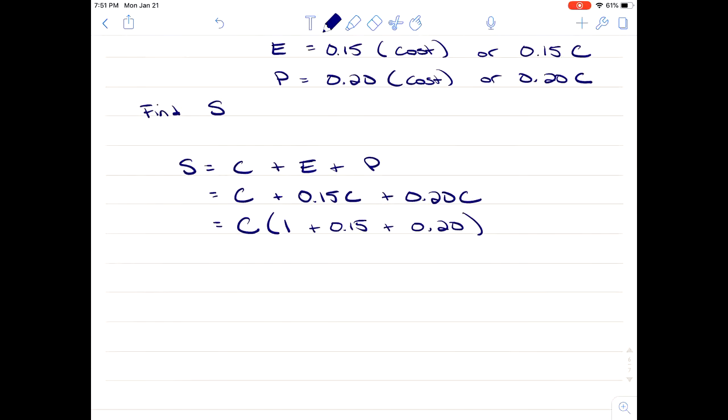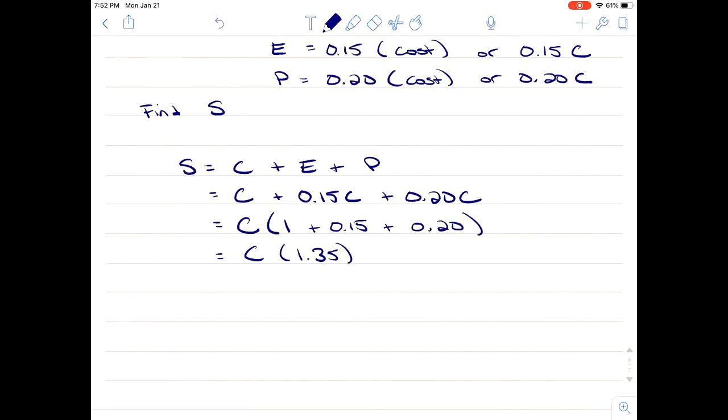So we get C times 1.35. Key thing is that you don't forget about this 1, because you've got 1C plus 0.15 C plus 0.2 C. So you don't want to forget about that 1 because it's going to make a huge difference.